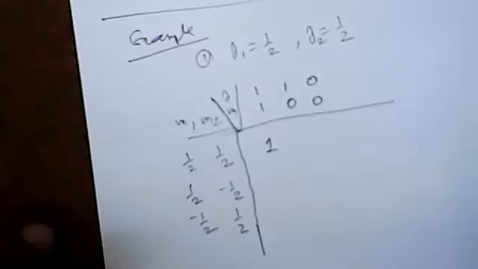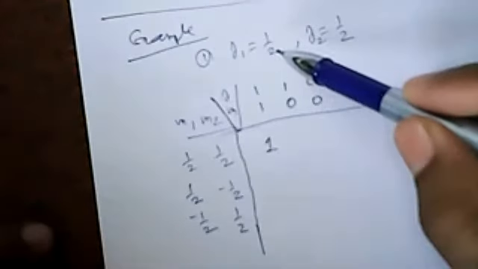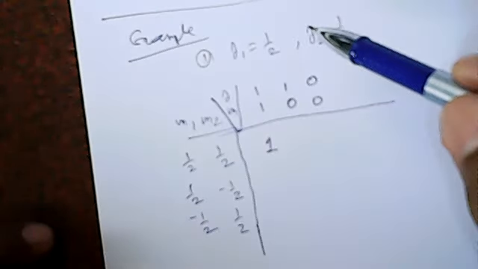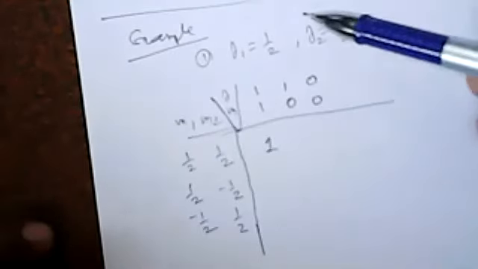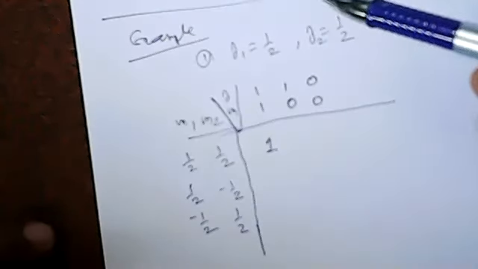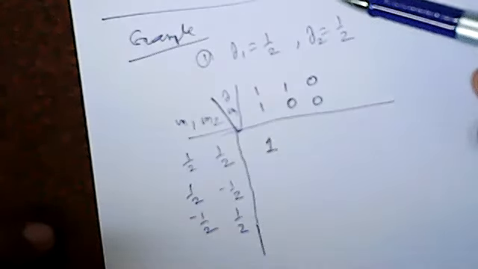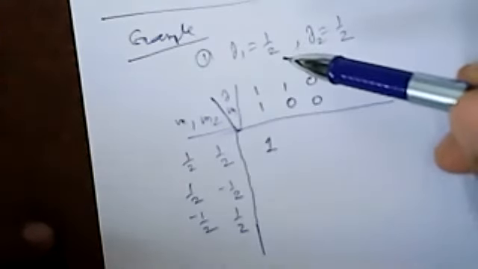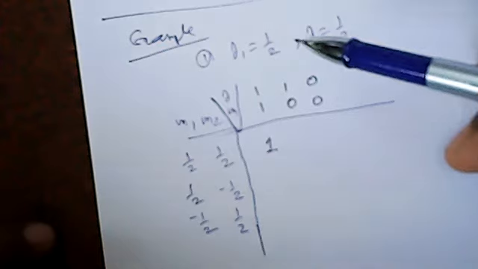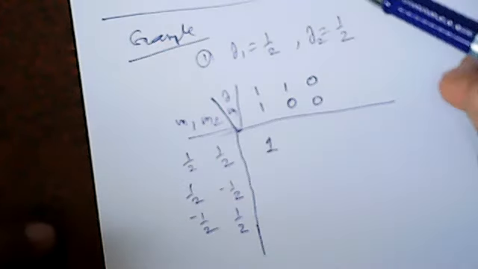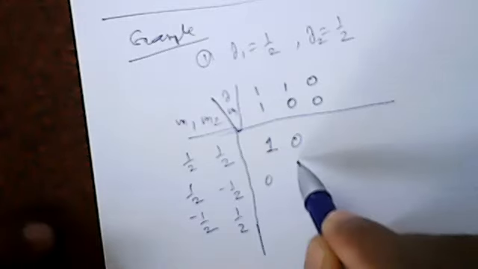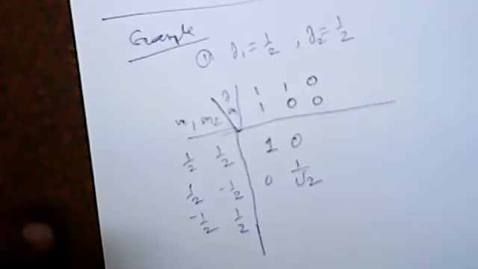We have already calculated that, or you can calculate it now: root of J2 by J1 plus J2, root of half by half plus half, that is root of half, that is 1 by root 2. So these are not 0 and this is 1 by root 2.